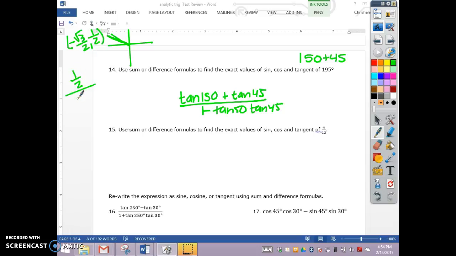And when you divide y over x, you have a fraction within a fraction. You can flip it over and multiply. Flip, multiply, cancel, rationalize. We get negative square root of 3 over 3.